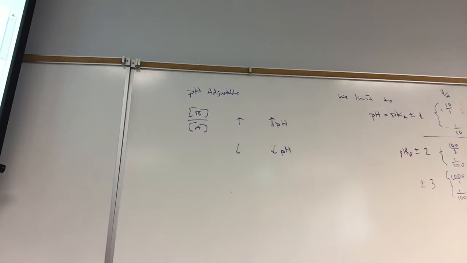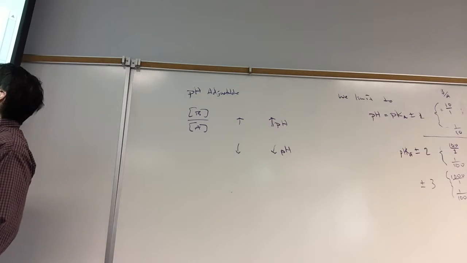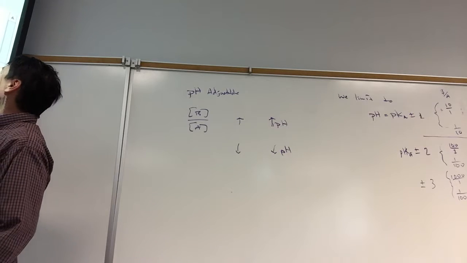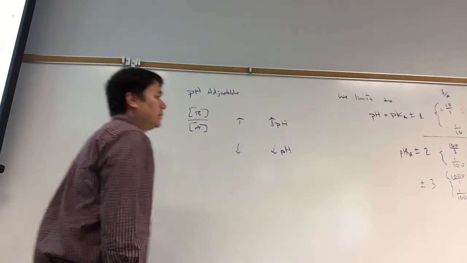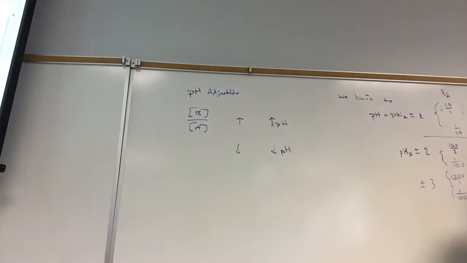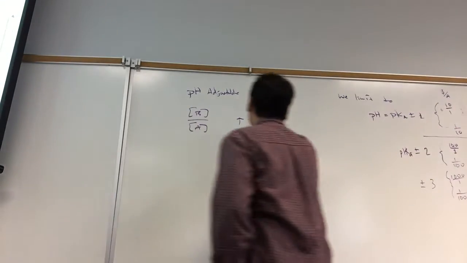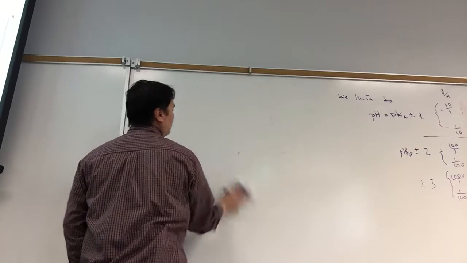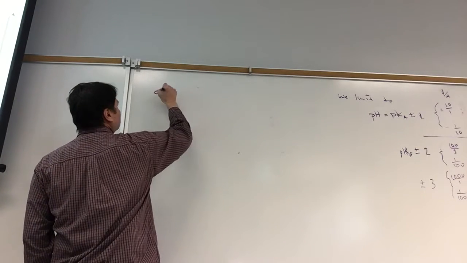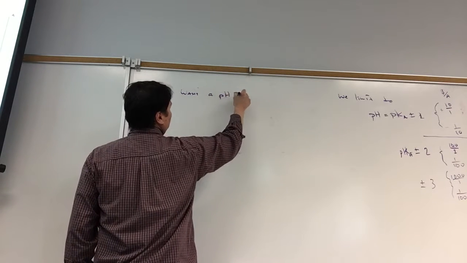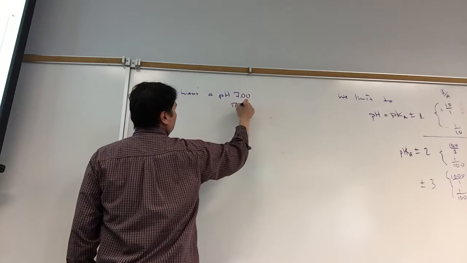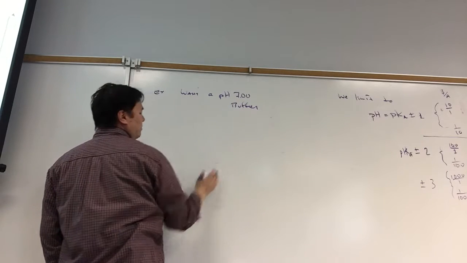All right, and so when we look at this, dihydrogen phosphate is going to have a pKa of what? Let's go ahead and calculate that pKa first. Right now, this example is we want to make a pH 7 buffer. And so we picked the best candidate.